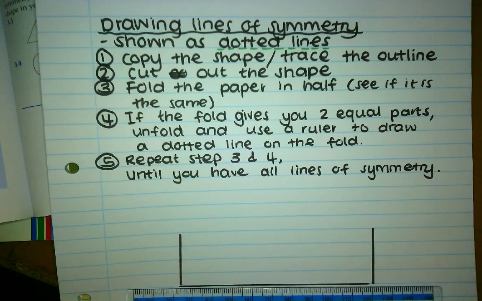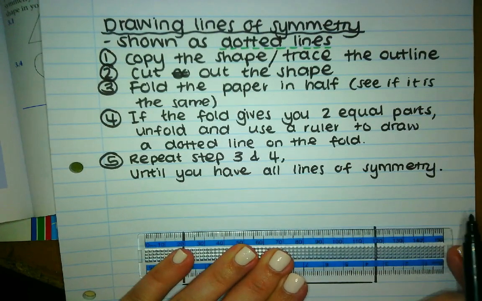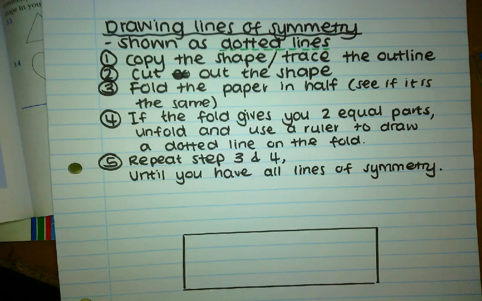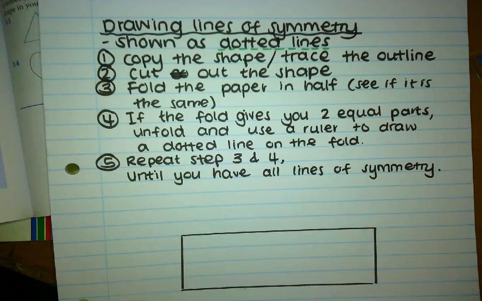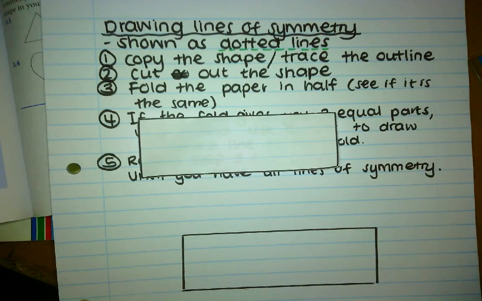No, you don't need to draw it. There we go. Okay, so I've drawn my rectangle. I'm just showing you what it looks like. Alright, so you draw your rectangle, then you cut it out, and then there's my shape.